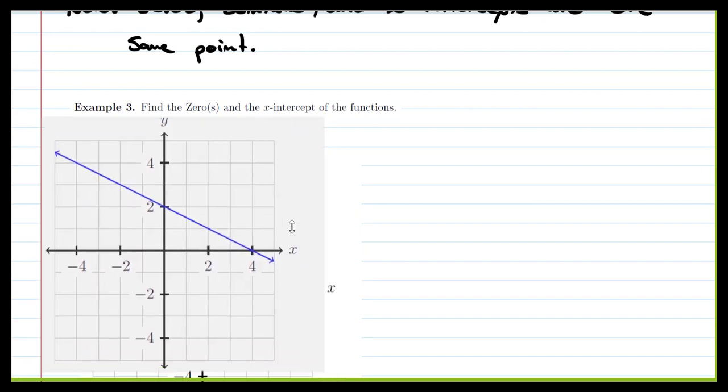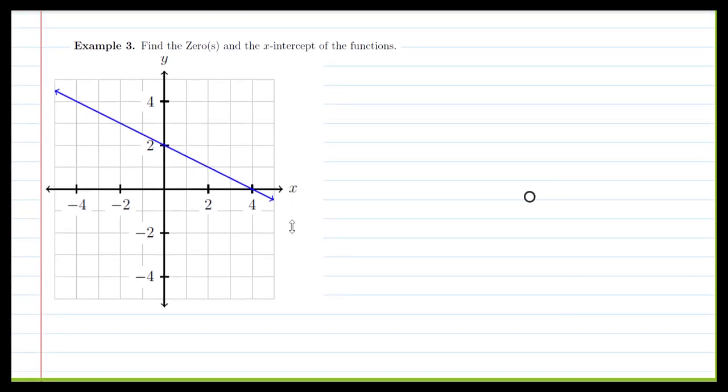Alright, so for example number 3, we're asked to find the zeros and the x-intercept of the function. So if I were to look at my graph, the x-intercept is where my graph crosses the x-axis. That's going to be right here. This is my x-intercept, and its ordered pair is going to be the point 4, 0.